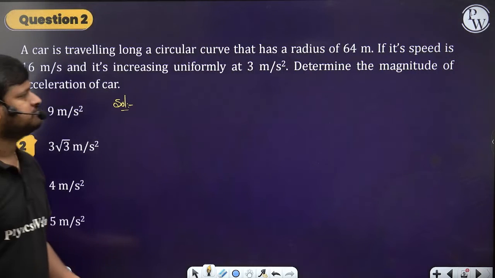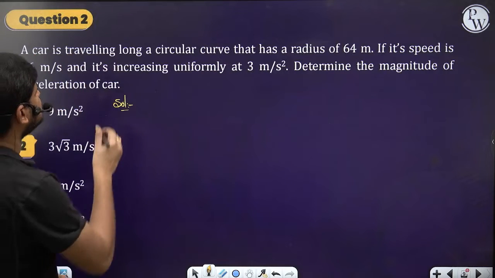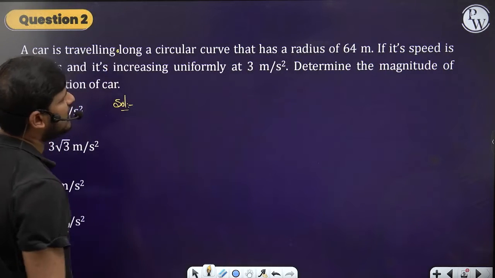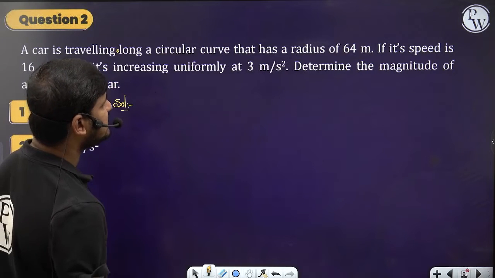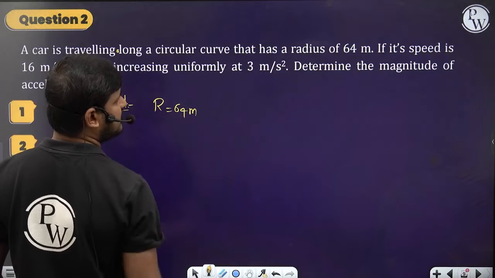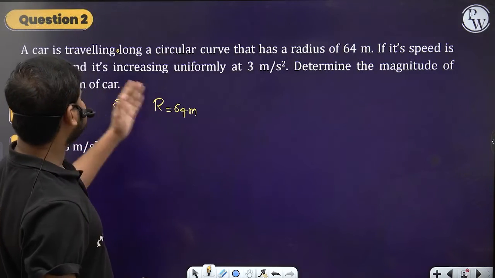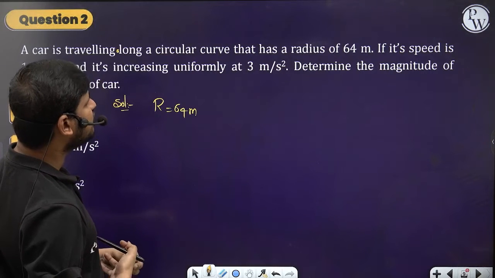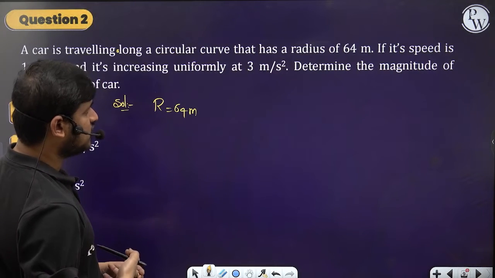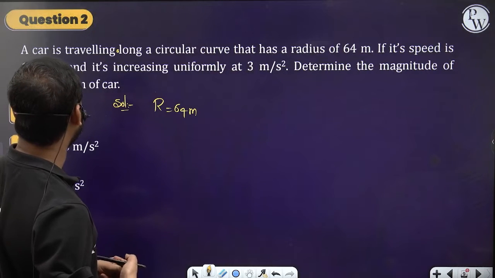Figure. A car is traveling along a circular path, this one, a circular curve that has a radius of 64 meters. Fine. If its speed is 16 meter per second and it's increasing uniformly at 3 meter per second square, determine the magnitude of the acceleration of the car.